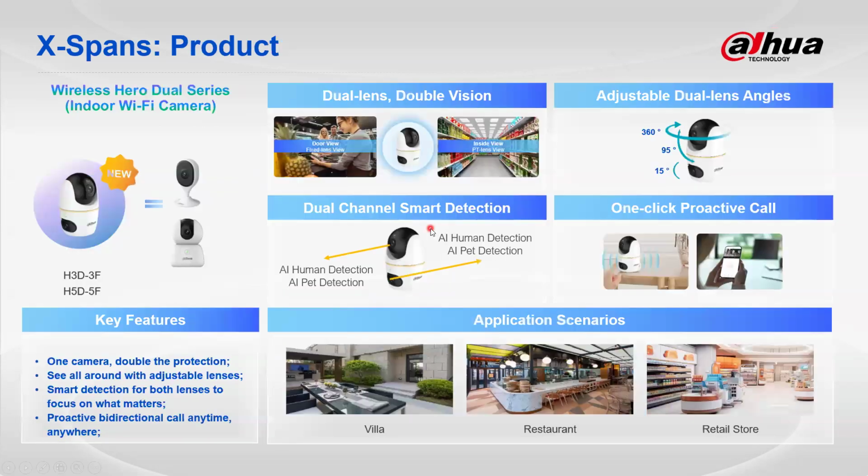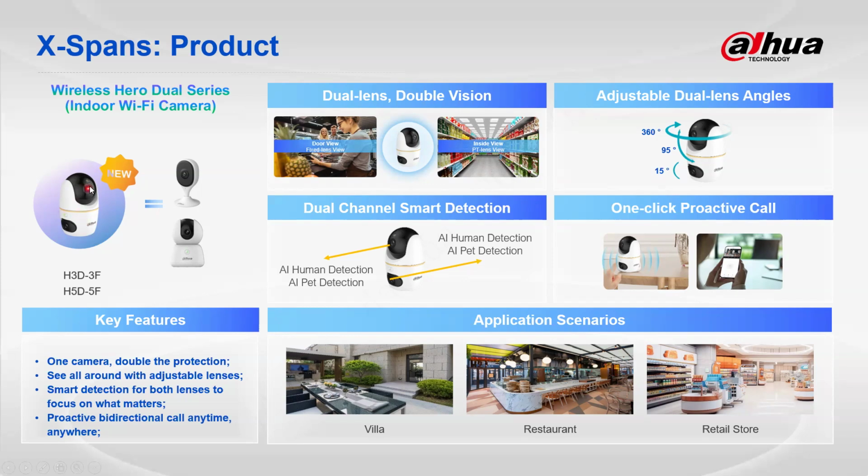Then we have this product series within the Xpan series. These are the indoor wireless products. We have the Wireless Hero Dual series, that is the indoor wireless cameras. Initially we had this wireless series without the bullet at the bottom, only with the PT function.